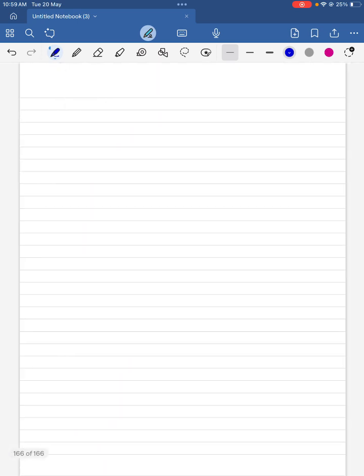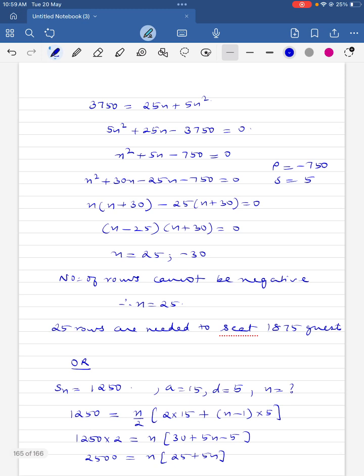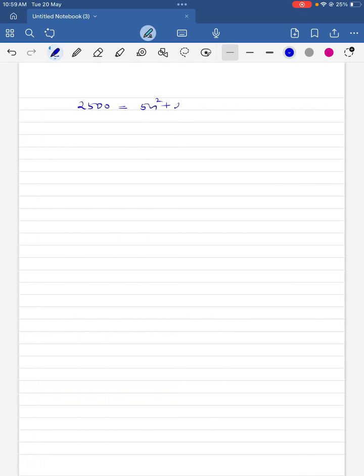Let me open up the bracket. So 2500 equal to 5n squared plus 25n. So that's 5n squared plus 25n minus 2500 equal to 0. Let me divide throughout with 5. So I would have n squared plus 5n minus 500 equal to 0.